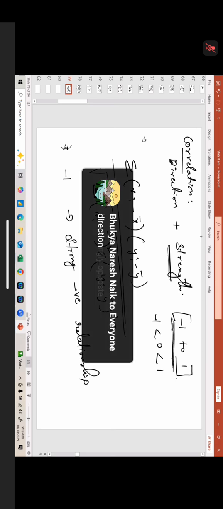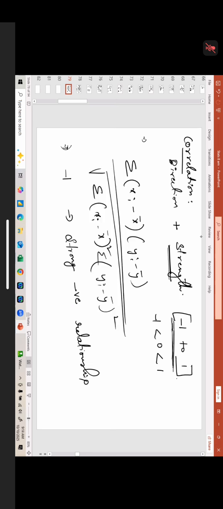How strongly opposite direction? The range of correlation is -1 to +1. Even if you calculate correlation 100 times, the value will only be between -1 and +1. If you get the result as -1, that represents a strong negative relationship.